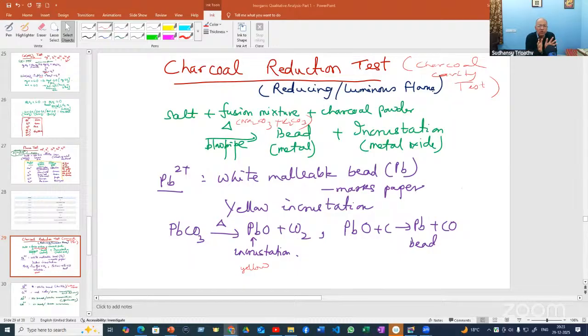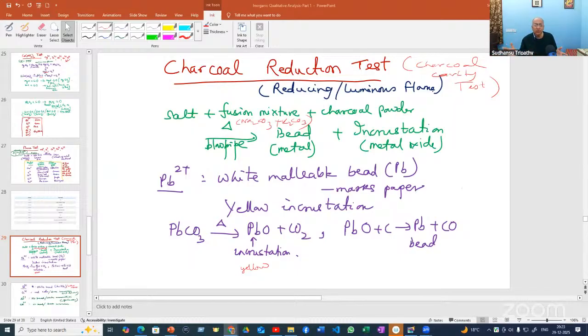First, it will show the symptom of melting, but finally some part will remain behind. To the part which remains behind, you add cobalt nitrate, and that will produce a gray mass. Immediately it will turn gray. That will indicate either calcium, strontium or barium. Then you separately do the flame test.